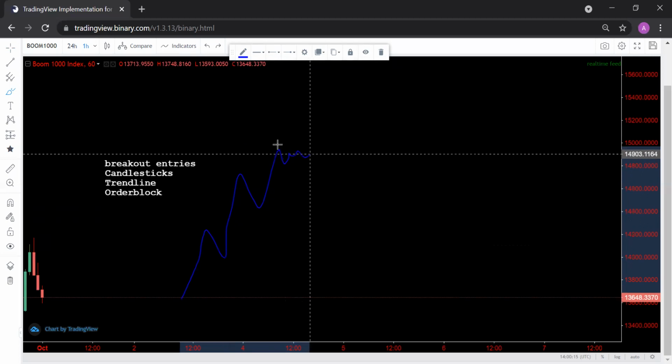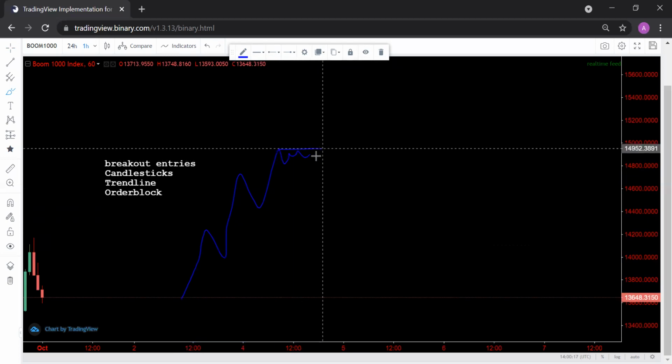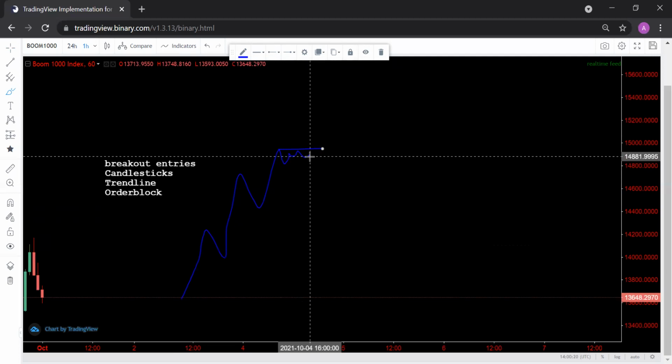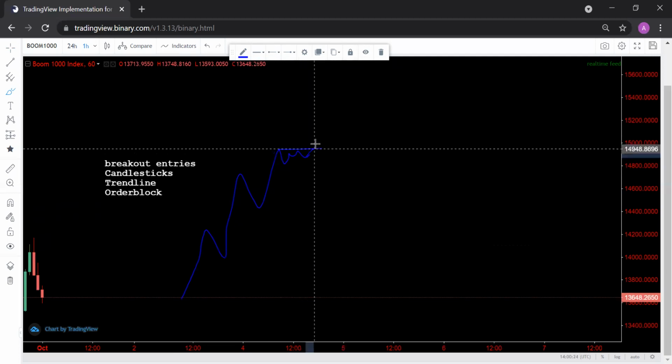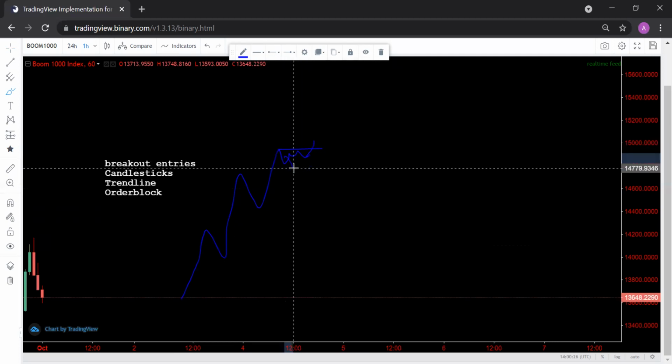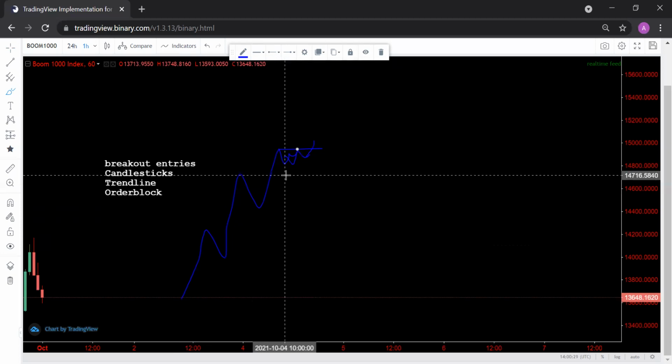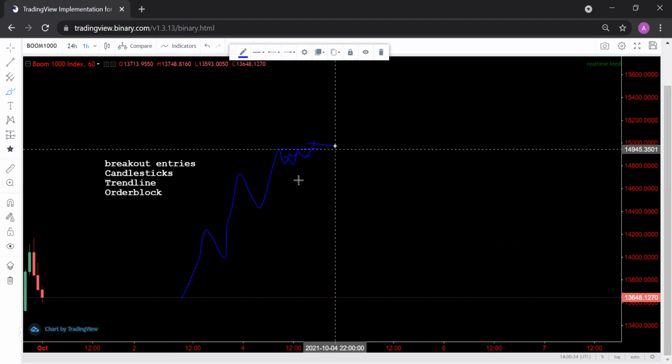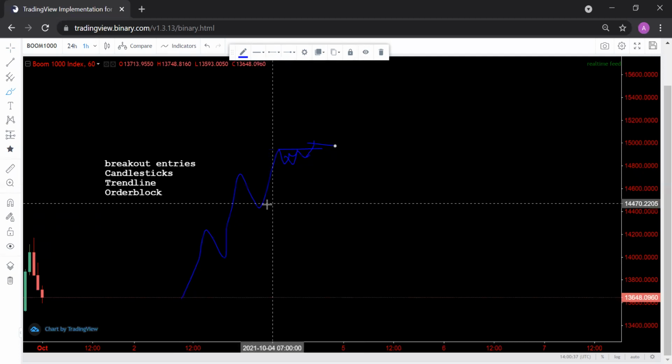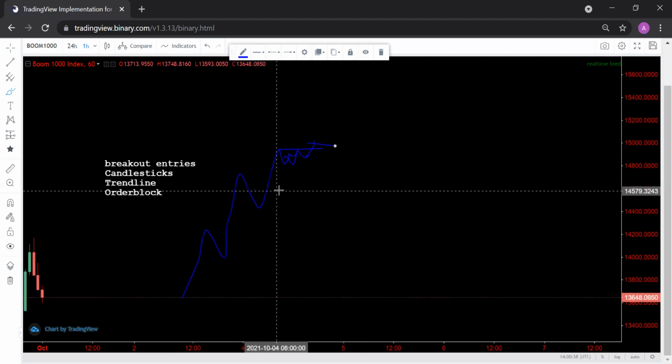What you do is wait for the breakout out of that consolidation. You can also wait for a retest most of the time. When you see price breaking out of this little consolidation on an uptrend, it's not actually a significant resistance or support, so you can take entries after the breakout. As simple as that, guys.